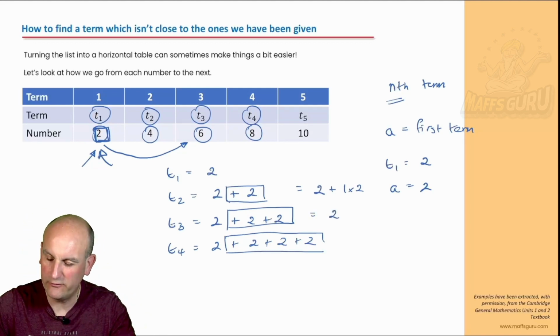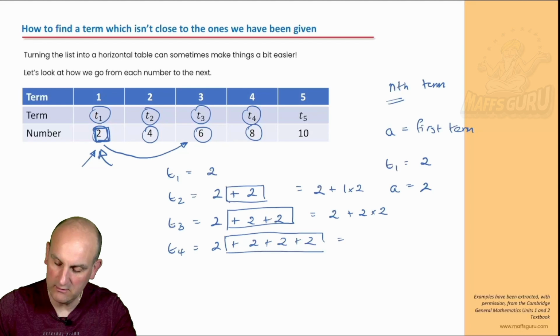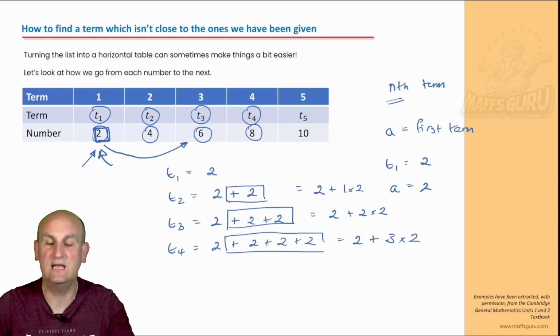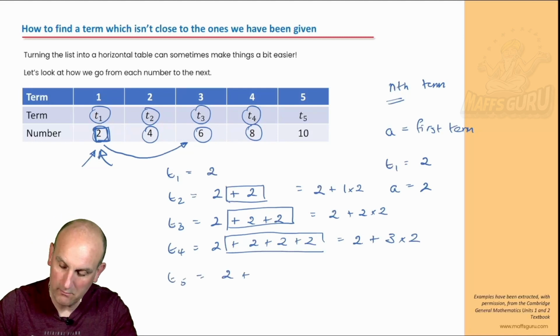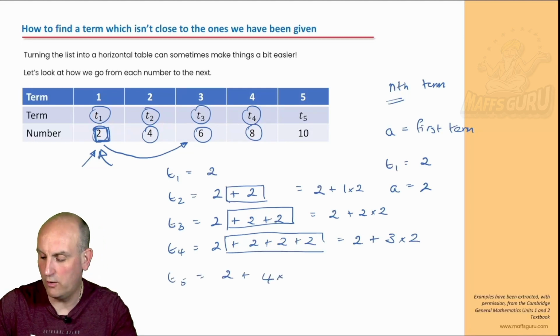This one here is 2, my first term, plus 2 lots of 2. And here I've got 2 plus 3 lots of 2. And my T5 is going to be 2 plus 4 lots of 2.